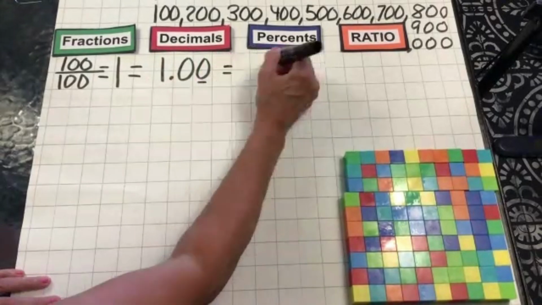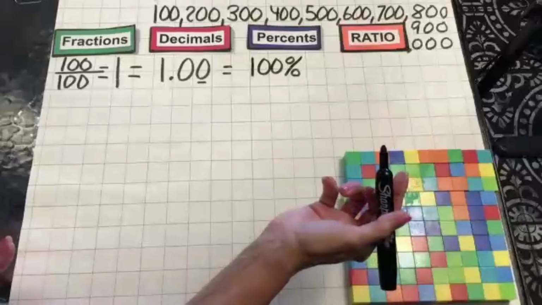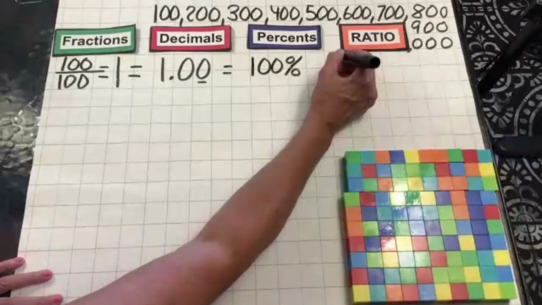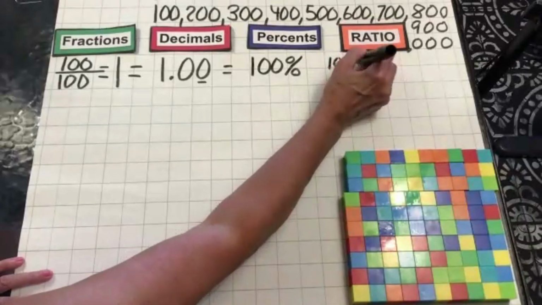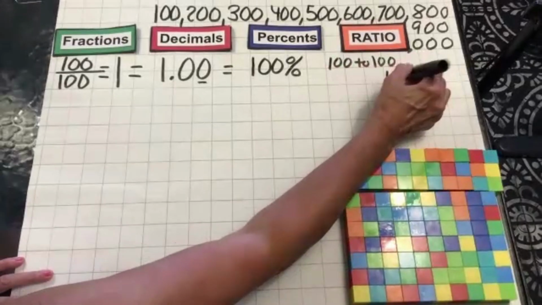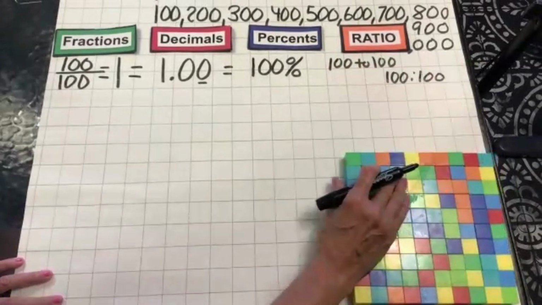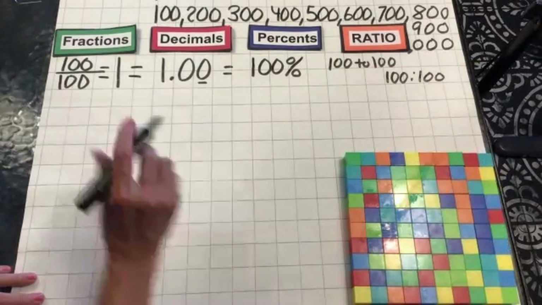And our percent would be 100%. So that means we got it all right. And our ratio would be 100 to 100, or 100 colon 100. Interesting, right?